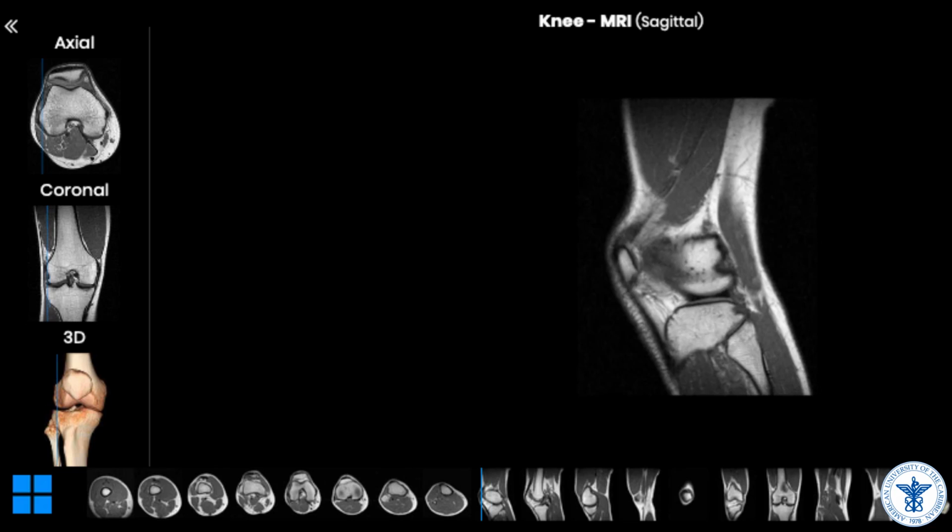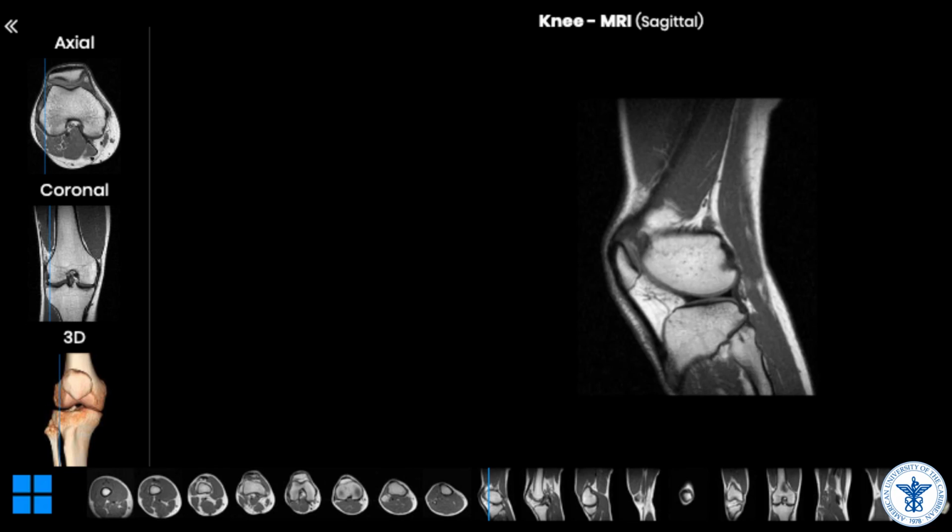You can see clearly the infrapatellar fat pad here, just under the patella, and the suprapatellar bursa, this grayish sac just behind and above the patella. Two beautiful tendons, the quadriceps tendon and the patellar tendon, bind the patella to the knee joint above and below.